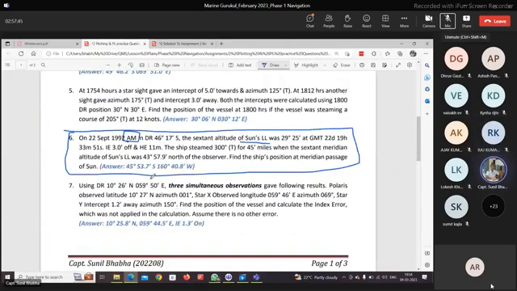This is a sun site and it is mentioned in the question, it is AM, so sun is east of you. जब भी sun हमारे ईस्ट में होता है, P is equal to 360 minus LHA. ओके सर, ठीक है सर, थैंक यू। Perfect, that's right.